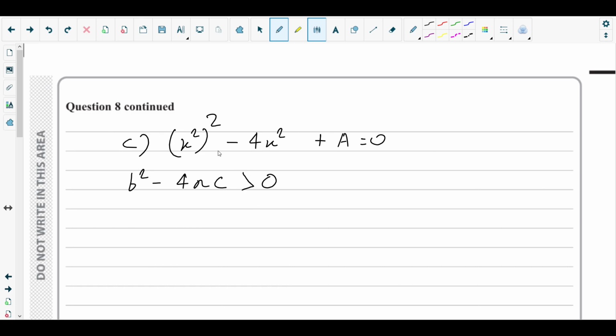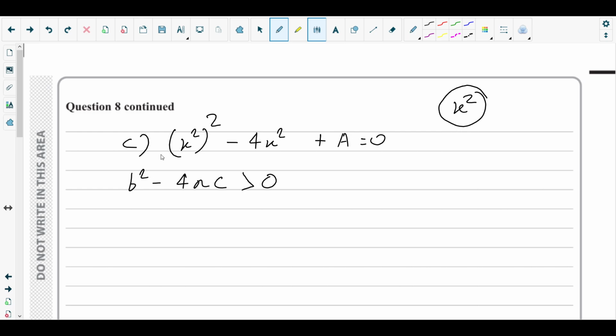Why? This is a quadratic equation with x squared in place of the variable. If this quadratic equation has 2 real roots, then for x squared you will have 4 real roots.